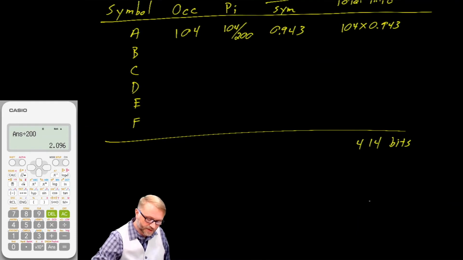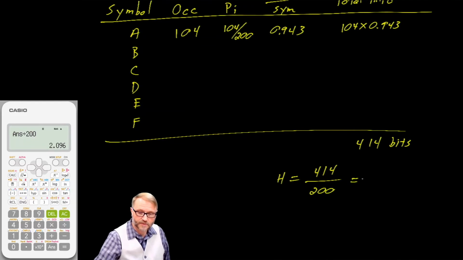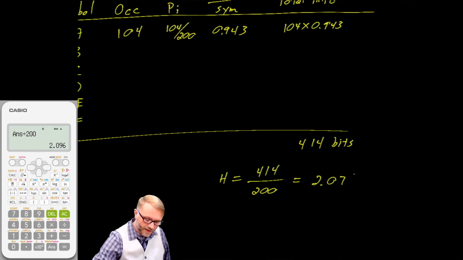And because there was 200 occurrences, we called the entropy H as 414 divided by 200. Therefore, for this particular set, we had to ask 2.07 questions or bits per symbol.